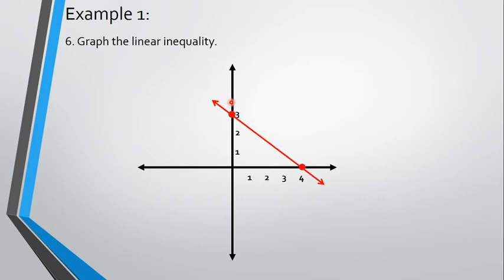So what does it mean by having a solid line or broken line in our boundary line? The solid line in our boundary line only means that aside from the set of solutions found within the plane, which we will make later, the numbers that lie on this line will also satisfy our inequality, since this is our boundary.